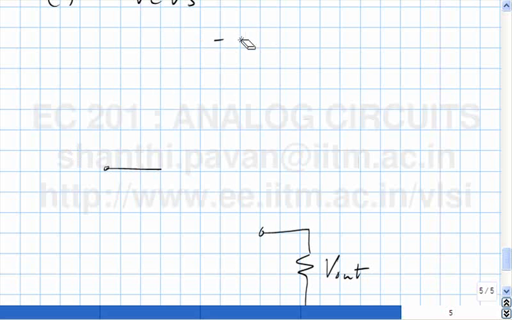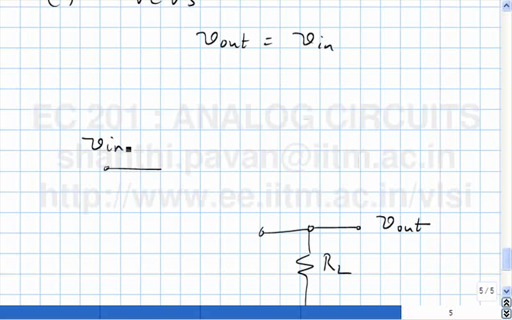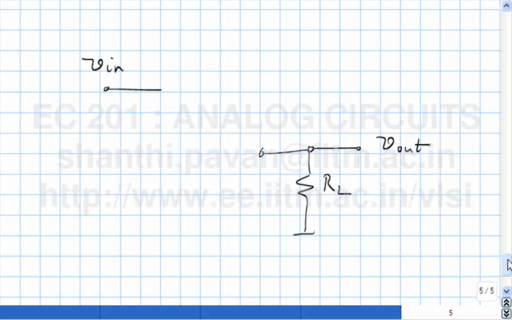So V out must be equal to V in. Please note that like in the MOS case, we are interested in an incremental voltage controlled voltage source where we want V out to be equal to V in. All that we have is a voltage controlled current source with in principle an infinite gain.